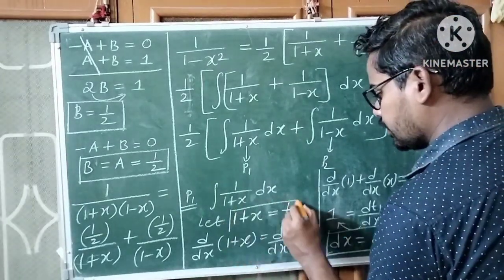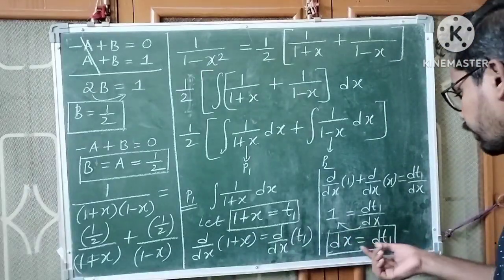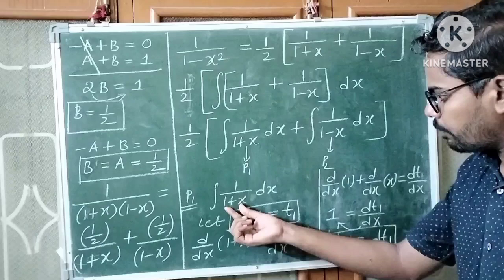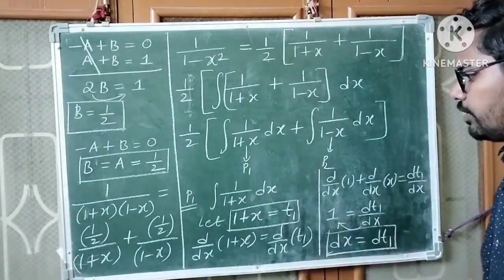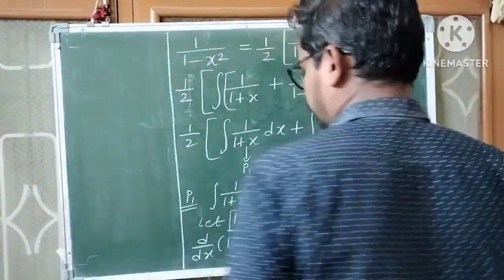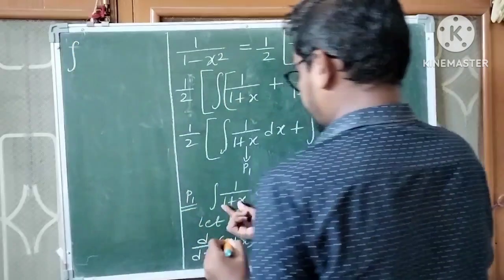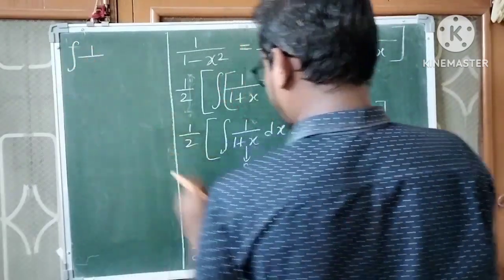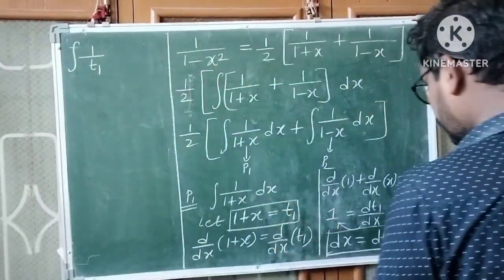So 1 plus x is equal to t1, dx is equal to dt1. Okay? So in place of 1 plus x we can take t1 here, and in place of dx we can take dt1. Then find the integral. So now integral of 1 by 1 plus x, we consider t1, and dx is equal to dt1.